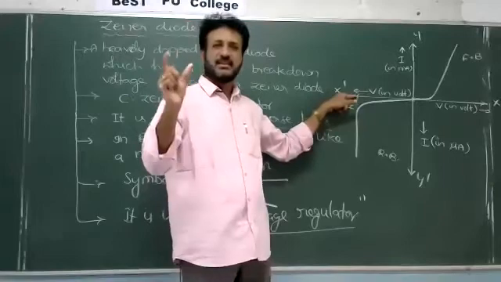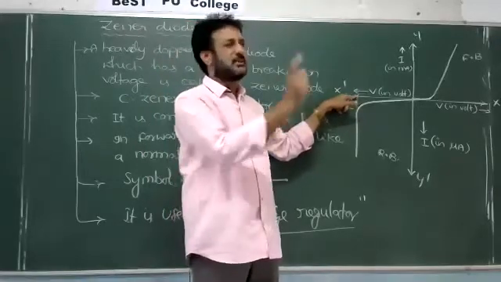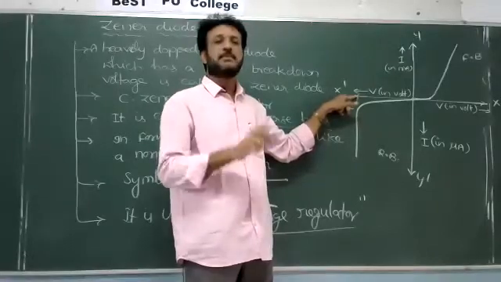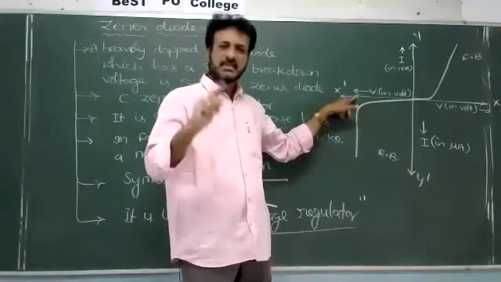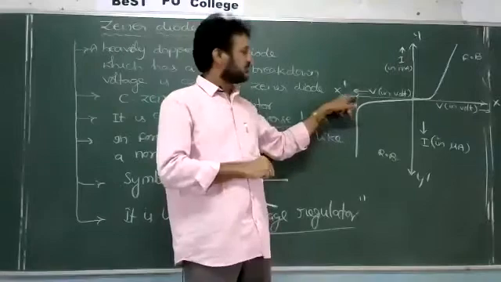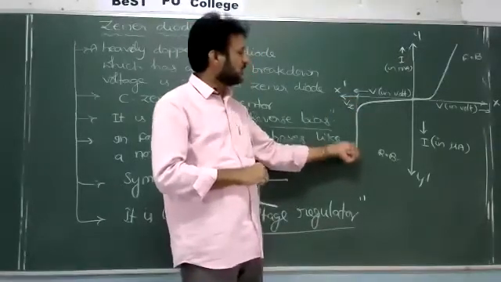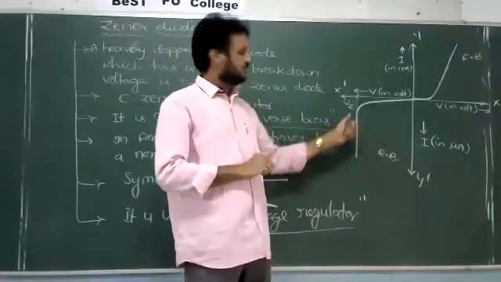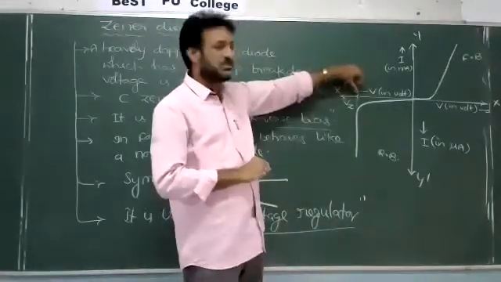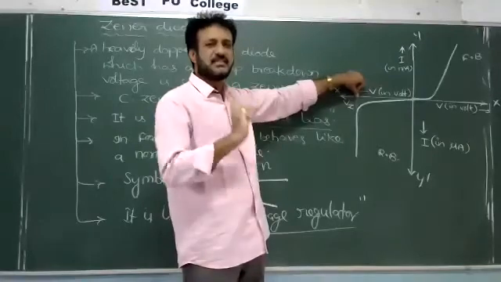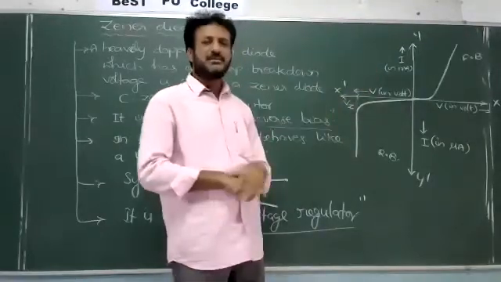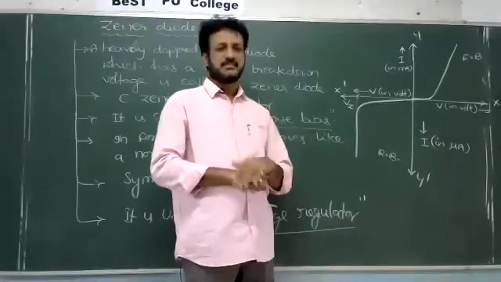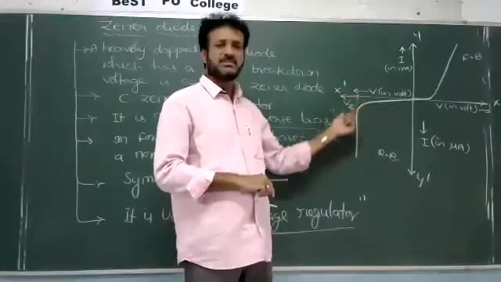So a TV, refrigerator, AC or computer, such electronic devices can be protected even though the current suddenly increases. If the voltage in the line suddenly decreases, the current also decreases, but what happens to the voltage? It remains constant. That's how we can regulate the voltage. That is the function of the Zener diode.